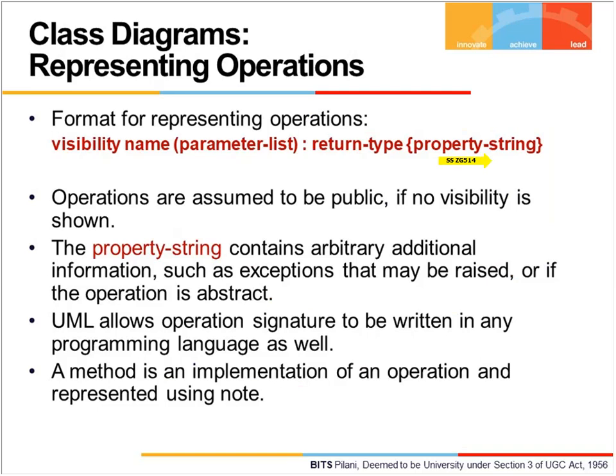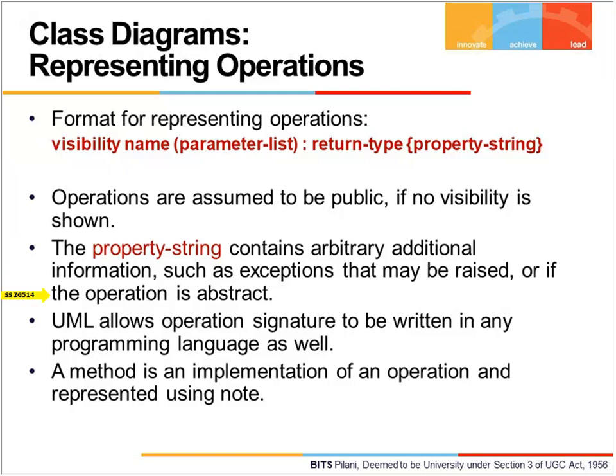This property string can be used to provide additional information, which could be the name of the exceptions that this operation might throw, or you can even use the keyword abstract to specify that this is an abstract method.